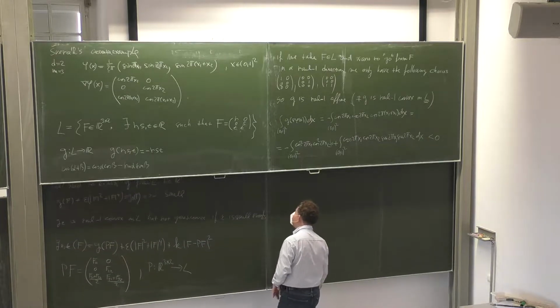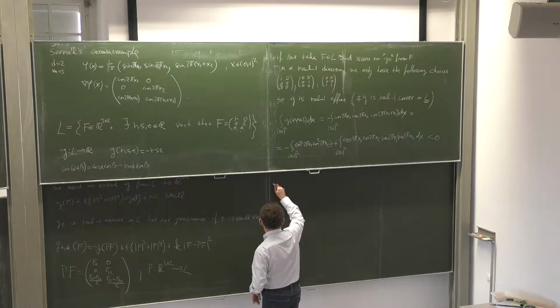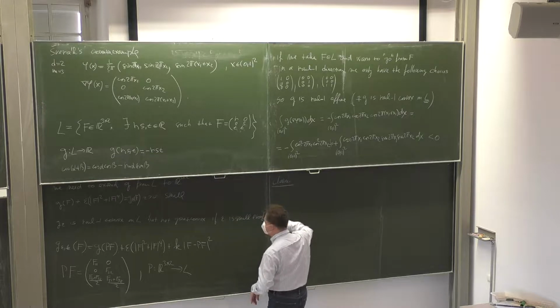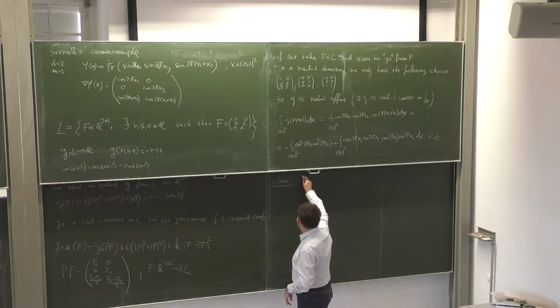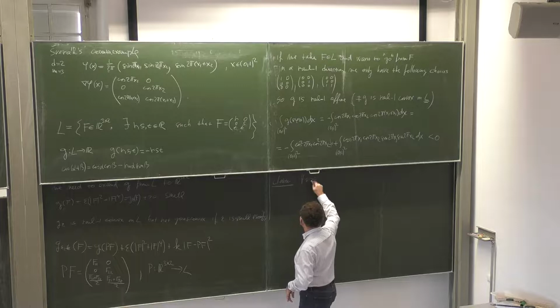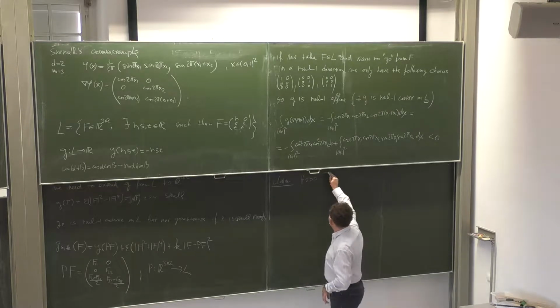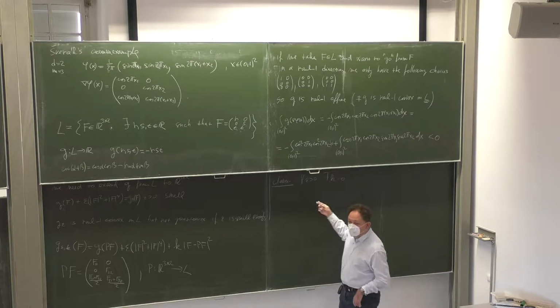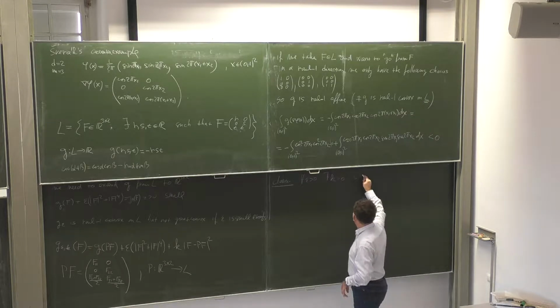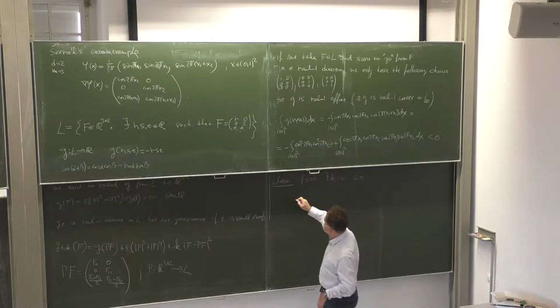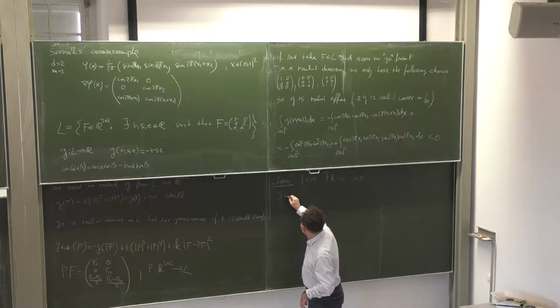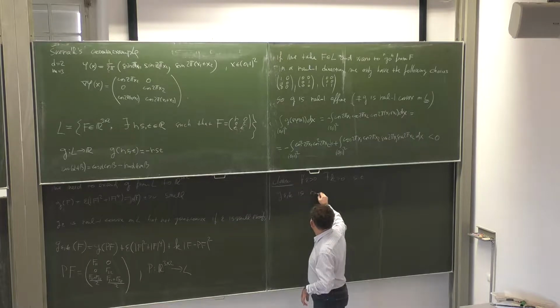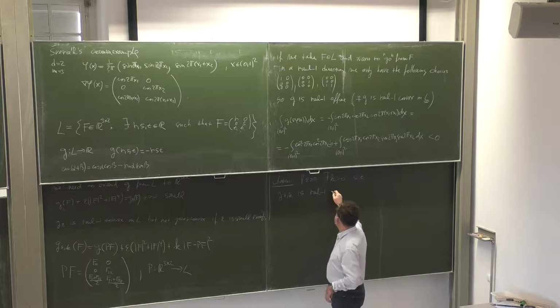And now the claim is: for every epsilon positive, there exists K positive depending on this epsilon, such that G epsilon K is rank 1 convex.